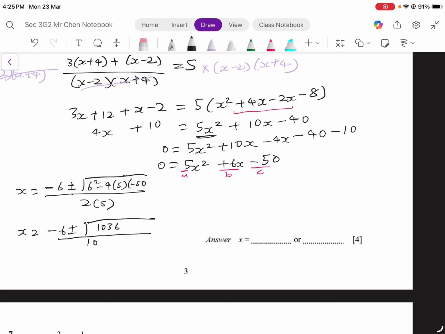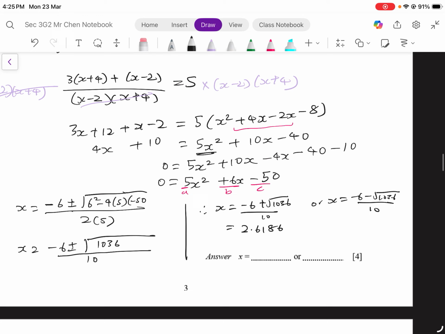So once you sub in, you show you can sub in all the right numbers. x equals minus 6 plus square root 1036 over 10, or x equals minus 6 minus square root 1036 over 10. So sub into your formula. You should get x equals 2.6186.